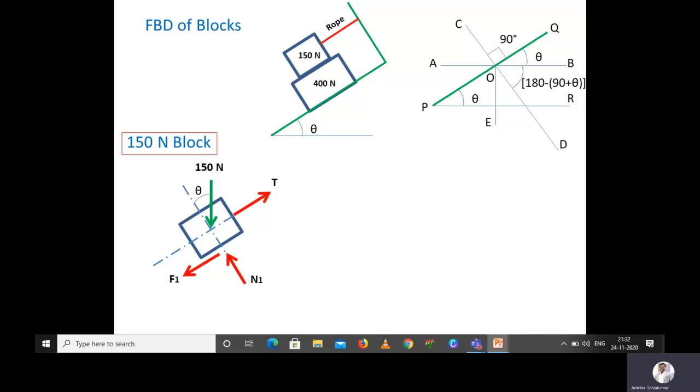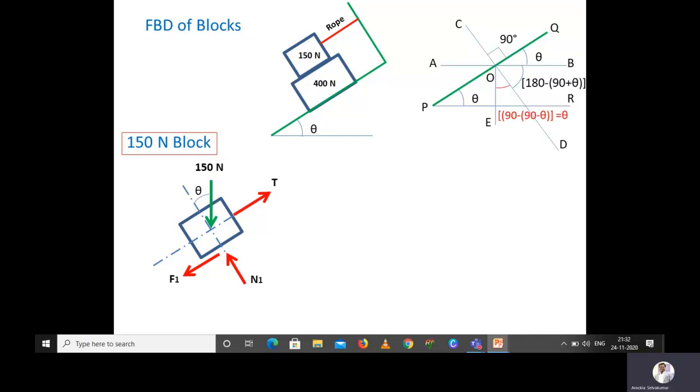Now I want to calculate the angle DOE. I have drawn a vertical line OE. BOE is 90 degrees, so I can write 90 minus 90 minus theta, which is equal to theta.